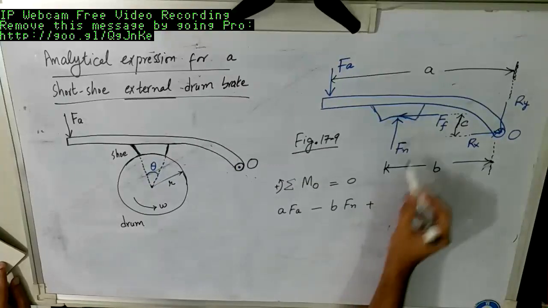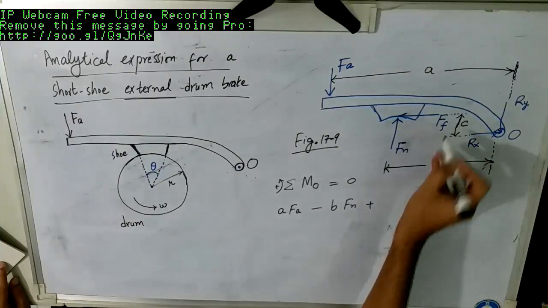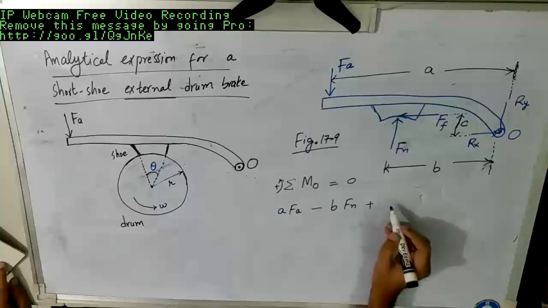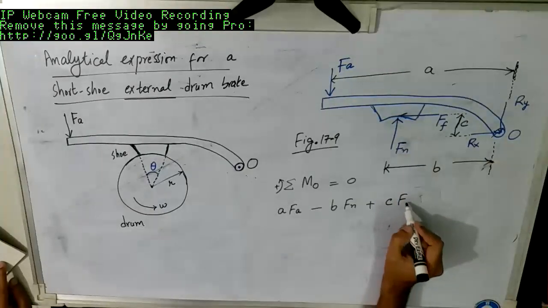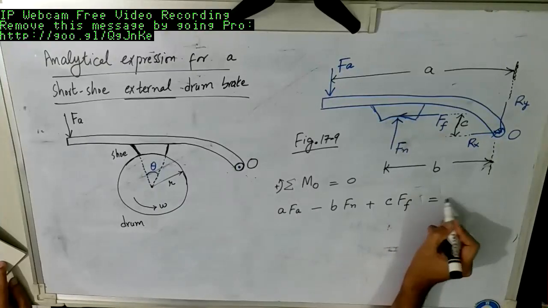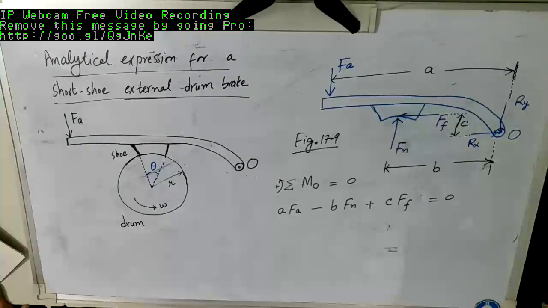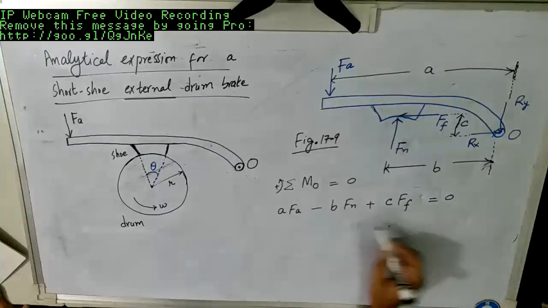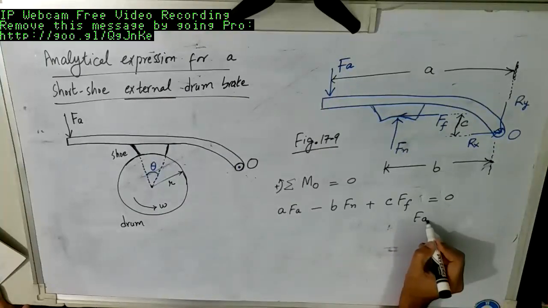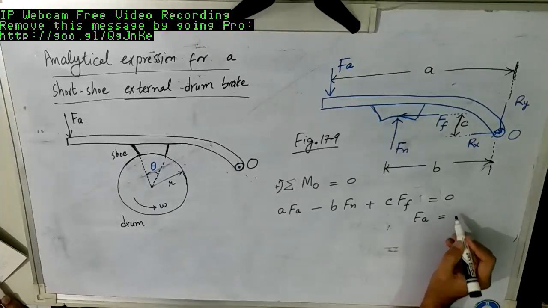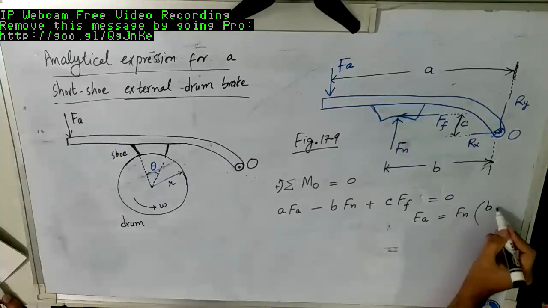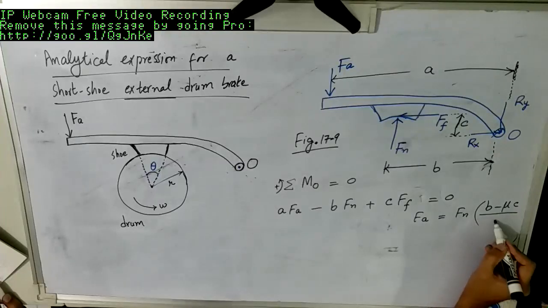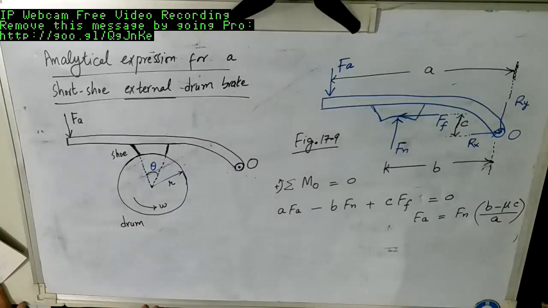And finally we have the frictional force Ff, which is again creating a counterclockwise effect. So C times Ff, and all of this is equal to 0. And from here we can find a nice expression for the actuation force Fa, which is equal to Fn into (B minus mu times C) over A.